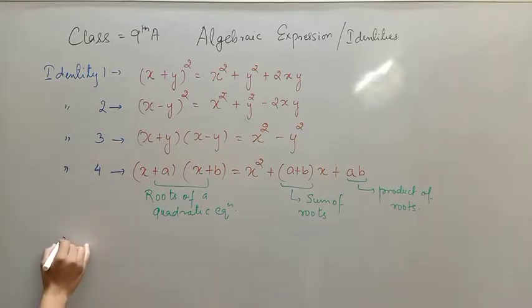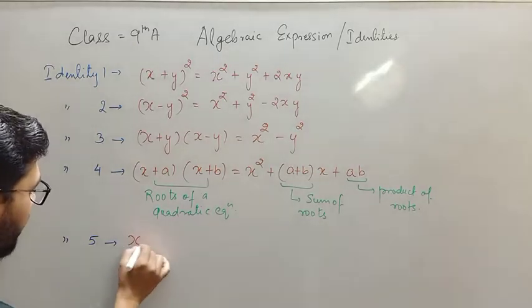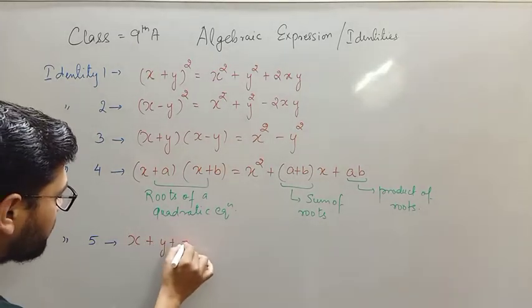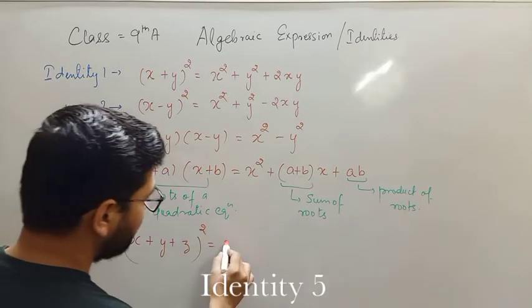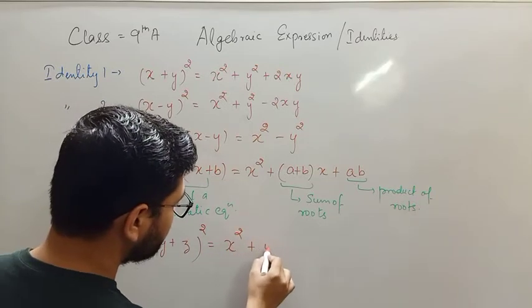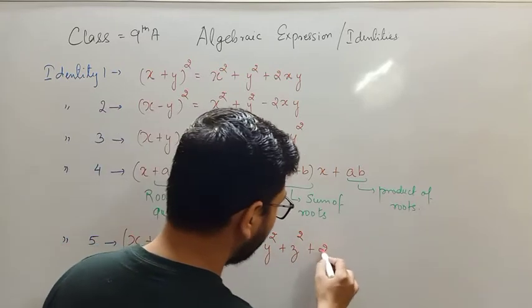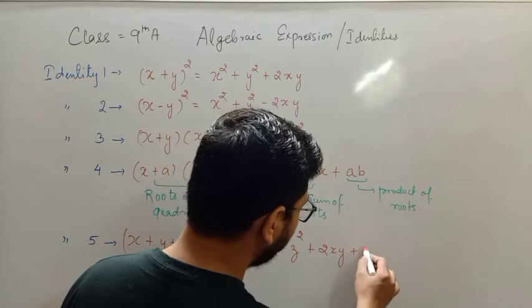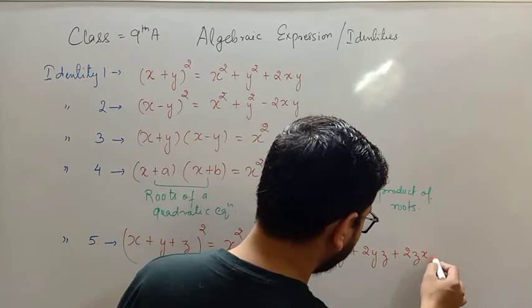Now the fifth identity is (x + y + z) whole square equals x square plus y square plus z square plus 2xy plus 2yz plus 2zx.